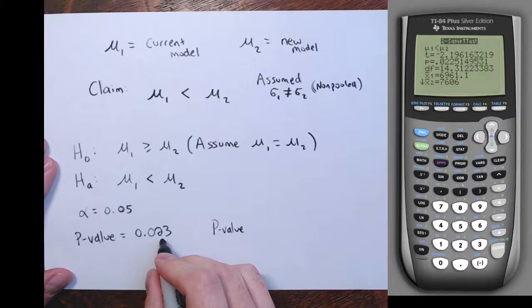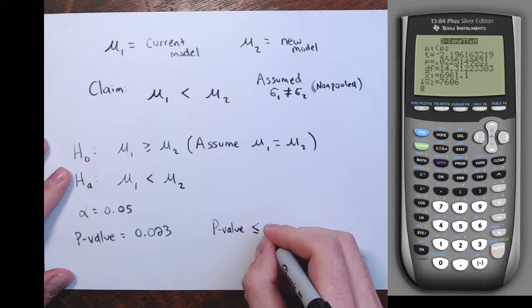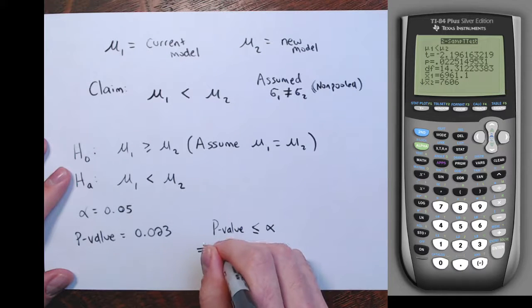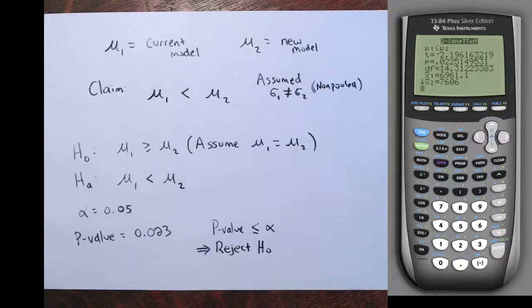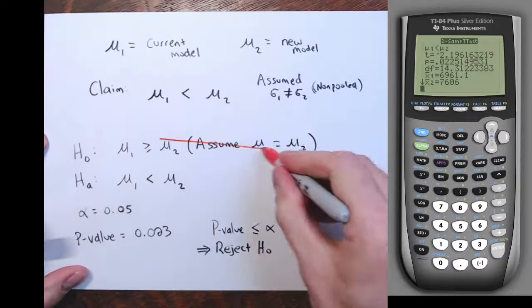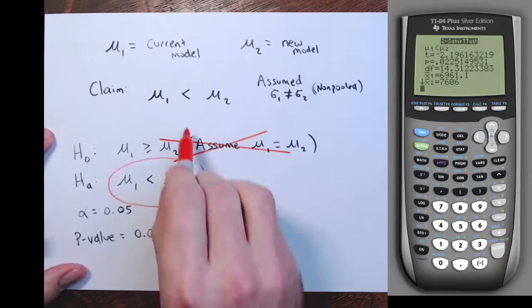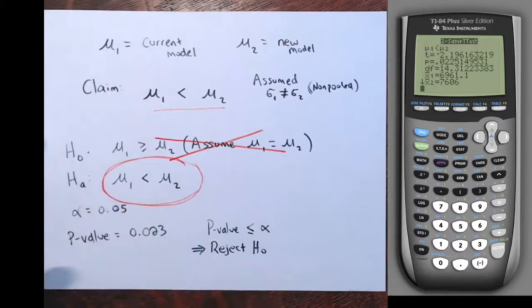This is 2.3%. That's only 5%. This is definitely less than or equal to alpha. And if that's the case, you are going to reject the null hypothesis. So we're going to reject this assumption, meaning we're accepting the claim. The claim was the alternate. We're supporting the claim.